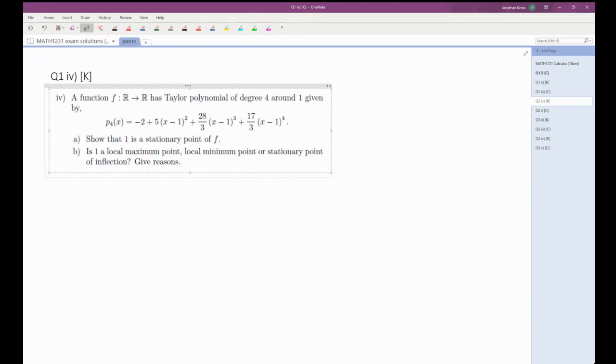Well, of course, the Taylor polynomial is a polynomial, but the way you get the coefficients is by taking derivatives of f. And you might notice that this Taylor polynomial has no term with x minus 1 in it. The first power is missing, and the coefficient of the first power is f dashed of 1.